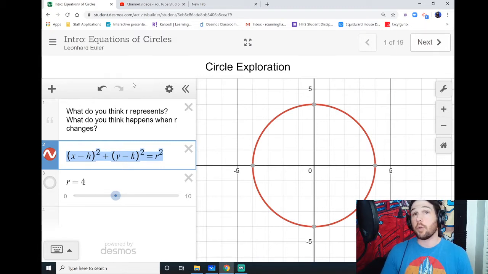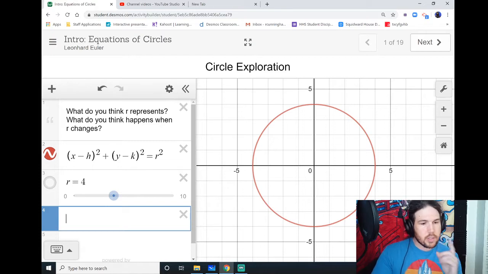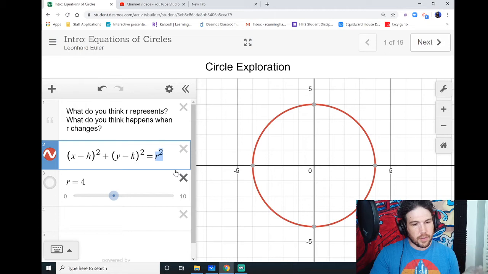So you might want to note that down because we're going to be using it a lot. Okay, so the question says, what do you think r represents? So that's this r right here. And what do you think happens when r changes? And then it gives us this slider so that we can move r up and down and see what happens.